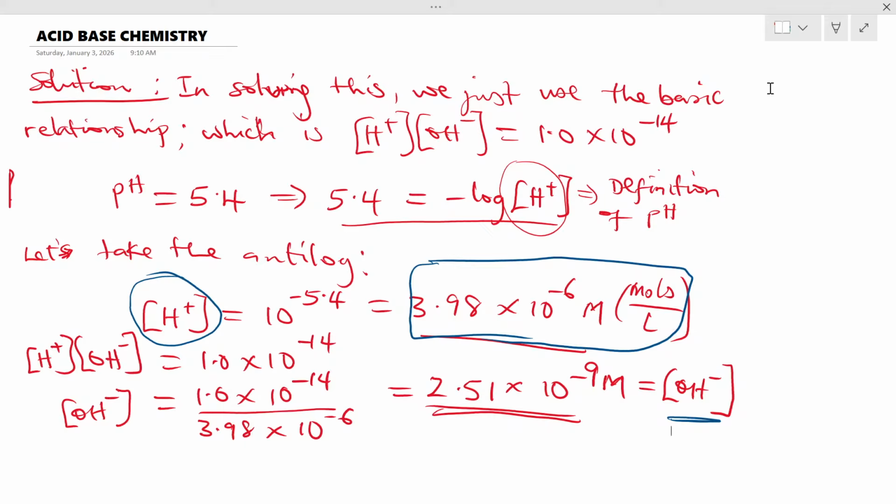Again we say that the product of the concentrations of H plus and OH minus is 10 to minus 14.